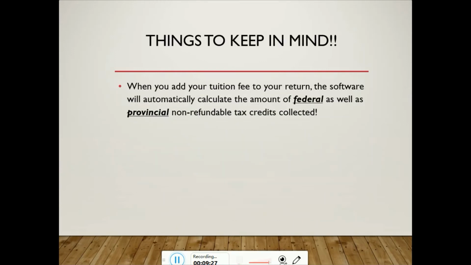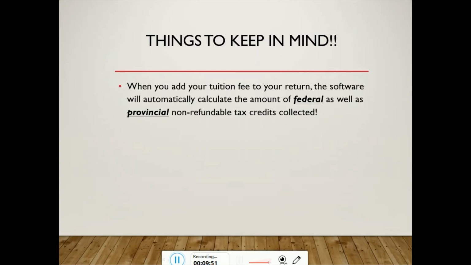Now things to keep in mind: when you add your tuition fee to your return, the software will automatically calculate the amount of federal as well as provincial non-refundable tax credits. I won't go into detail, but just to give you a rough understanding, whenever you are working, you are deducted income tax which is based on your federal as well as provincial tax rates.